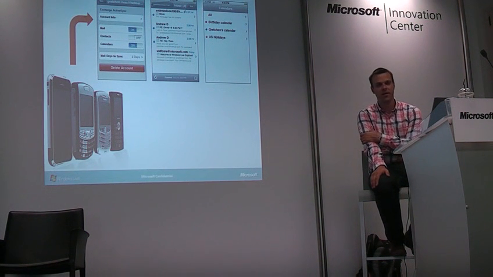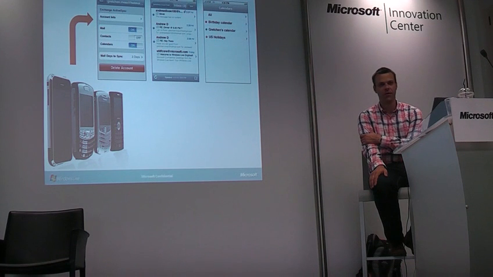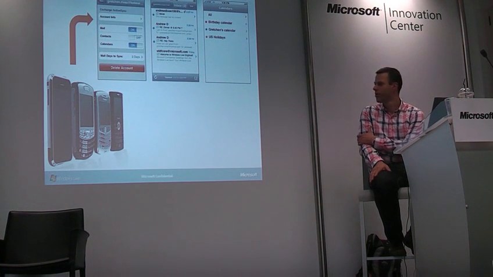Exchange ActiveSync is part of iPhone. Most of the Nokia phones have it. Of course, all the Windows Phone and Windows Mobile devices as well. So it's probably the best synchronizing solution on the market.